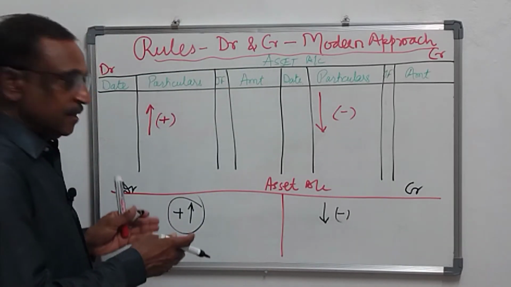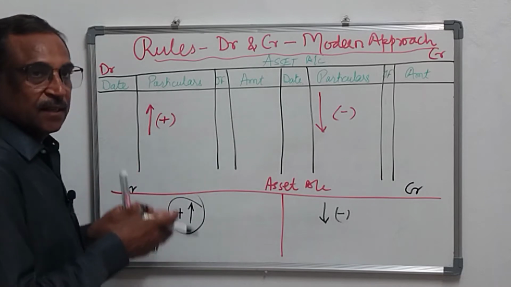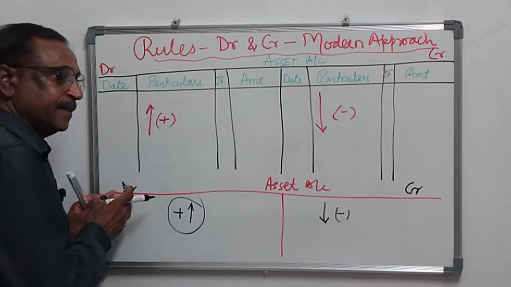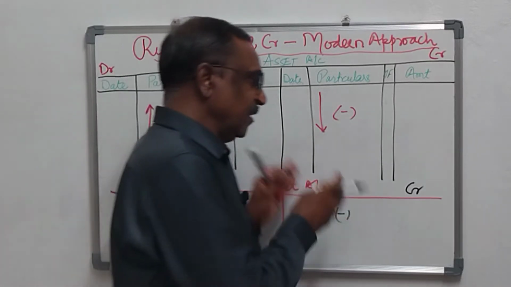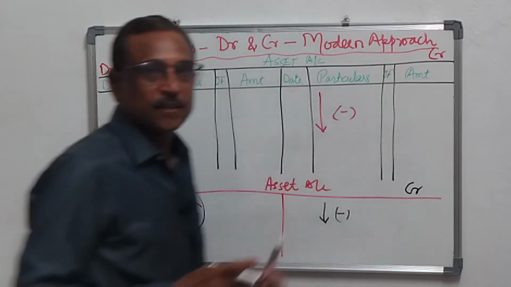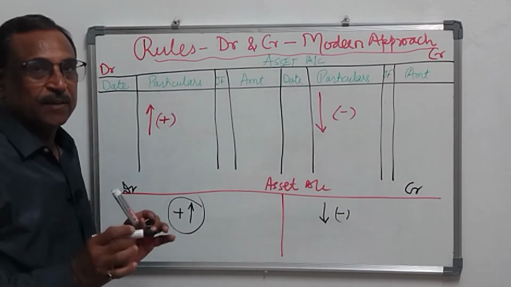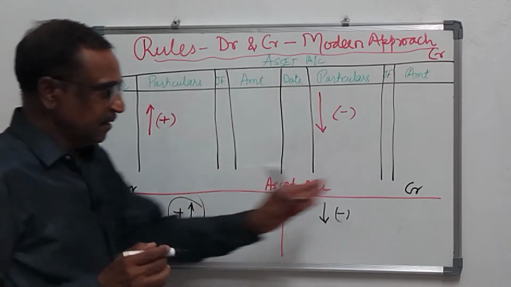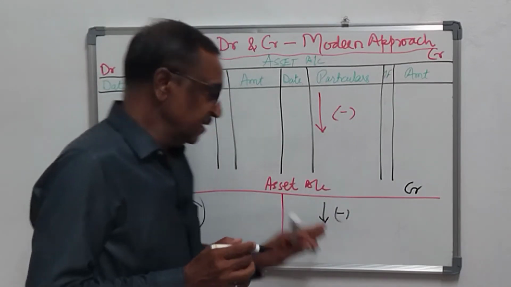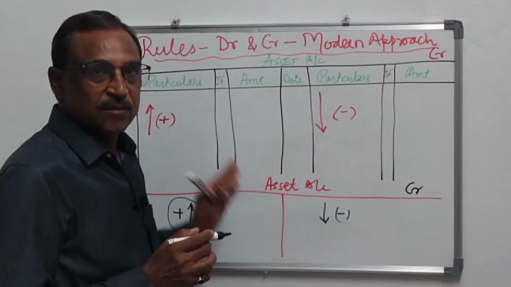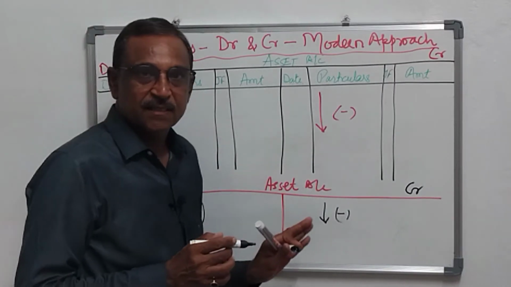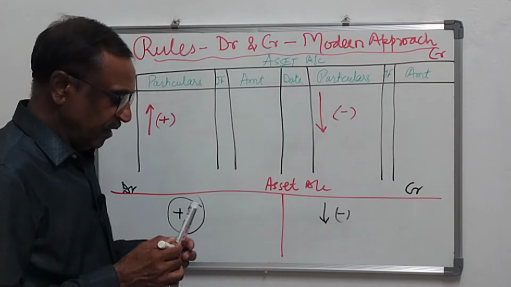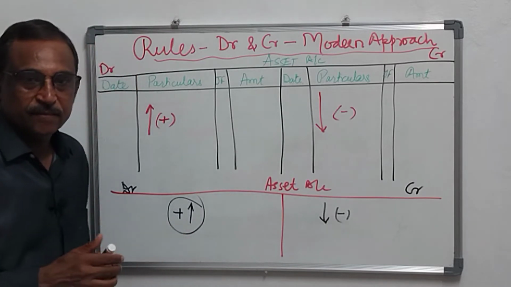That means going up in the value will be debited and going down in the value of asset will be credited. Clear? Very simple. Debit means increase, credit means decrease in assets. This rule is applicable for assets. Okay? Now we take on the next. Clear?